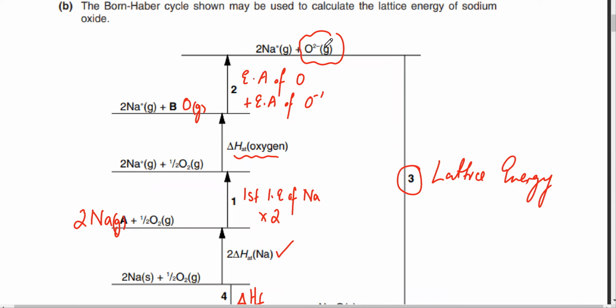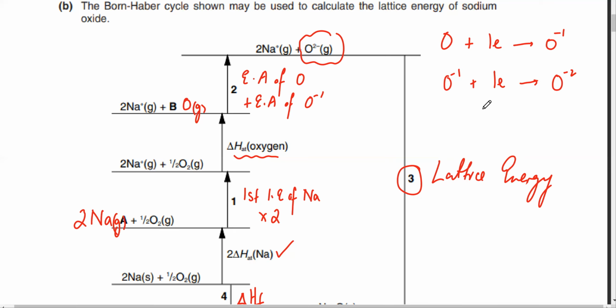No, you can't do that. Oxygen gaining an electron is going to have a different value, and oxygen minus 1 trying to gain an electron is going to have a completely different value. Is this clear?